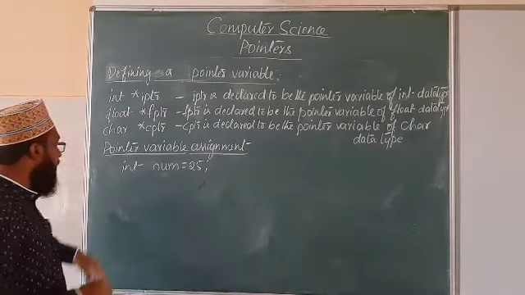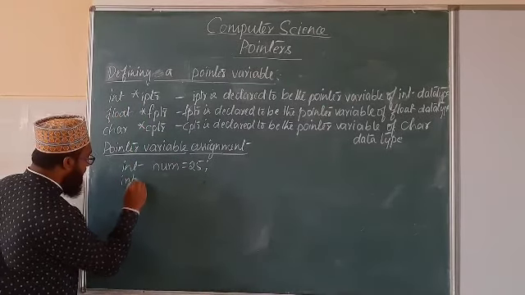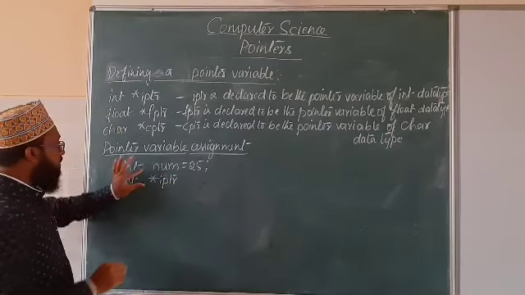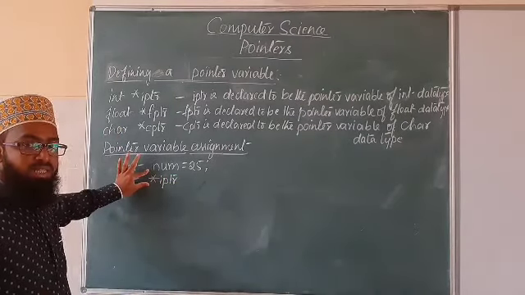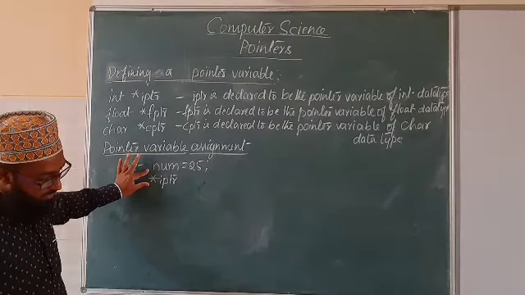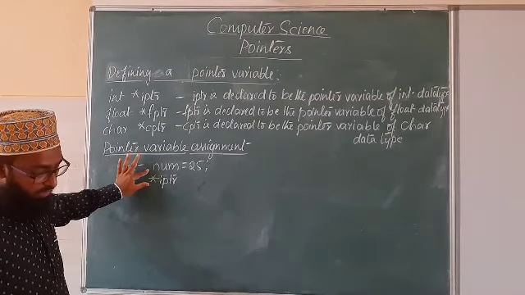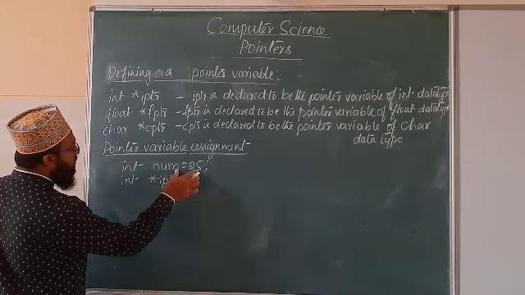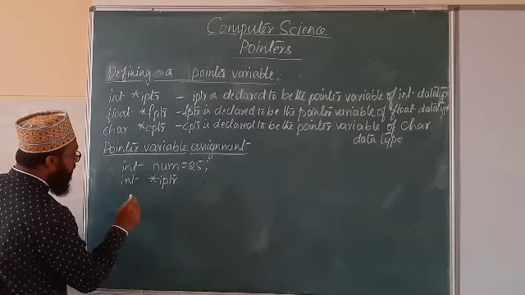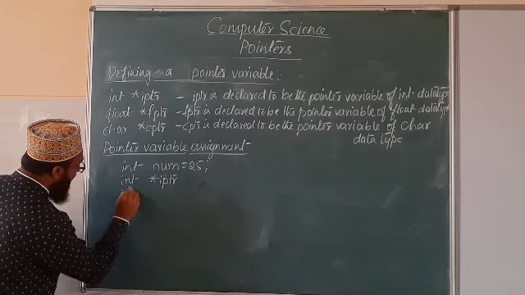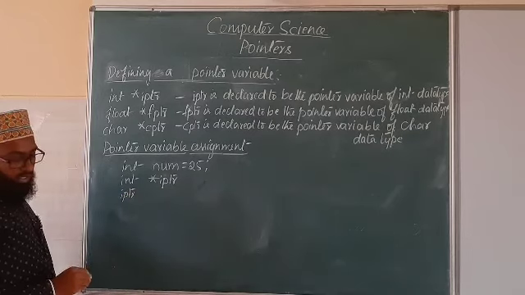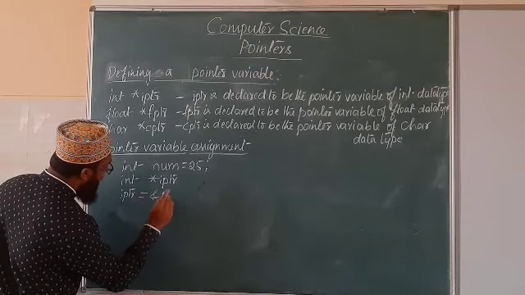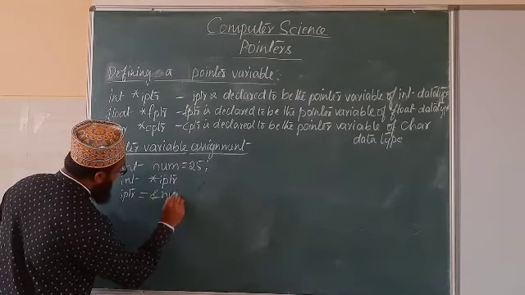Take the pointer variable as int asterisk IPTR. The pointer variable should always be taken with an asterisk. Then we have to define this value to the pointer. Here we declare IPTR equal to ampersand num.